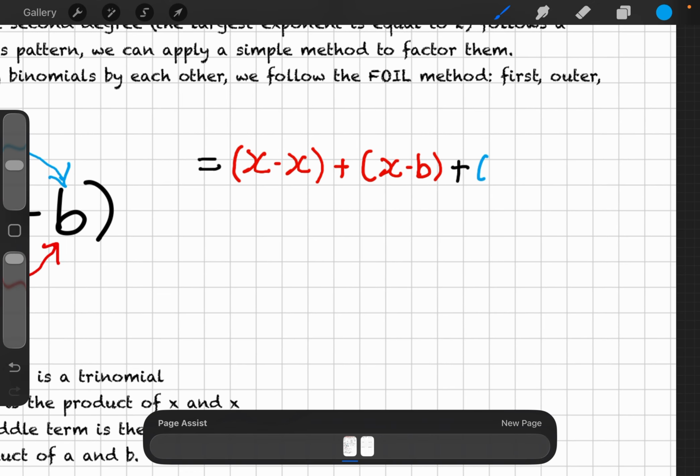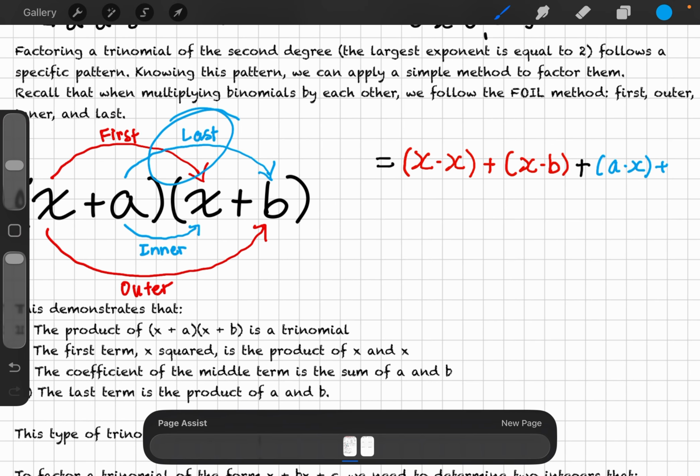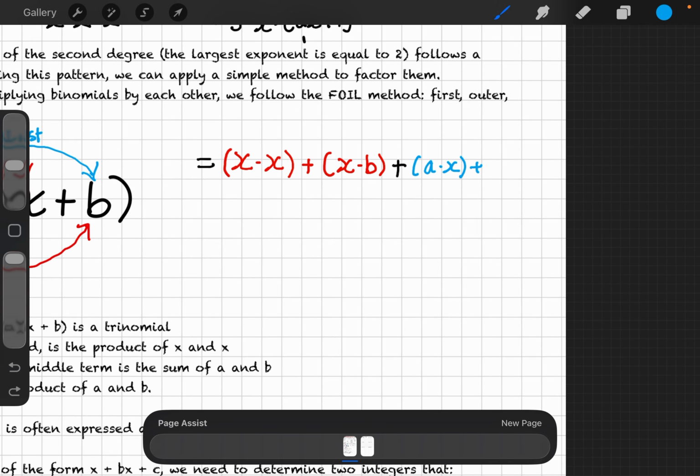So this will be a times x. And then plus the last two numbers here, a and b, plus a times b.